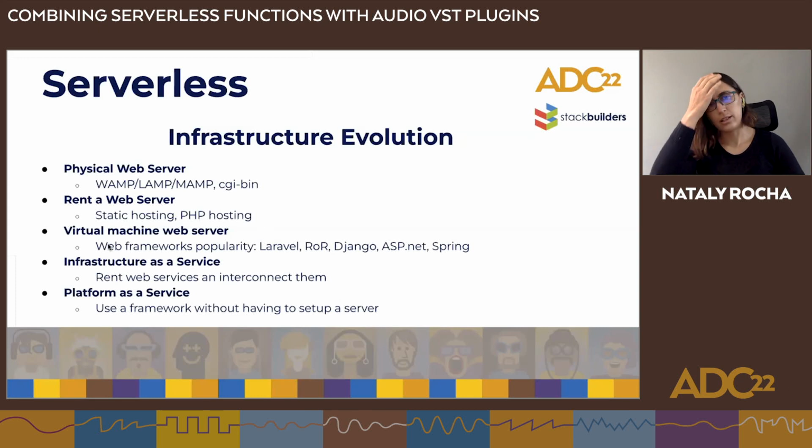Then we came to the virtual machine servers. These ones became popular because we started having an increase of the web frameworks. Like, for example, Laravel was introduced, Django, ROR, ASP, and others, right? So we started having multiple ways to get our applications running, and we needed also ways to scale, have them in different platforms.